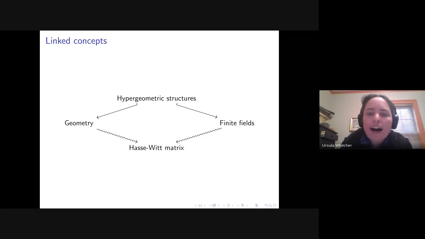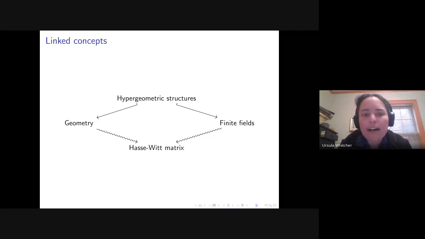These are linked concepts that I want to talk about. The underlying structure here is hypergeometric structures, which show up in geometry and also show up in number theory. The way that they're going to be bound together at the end is through the Hasse-Witt matrix.